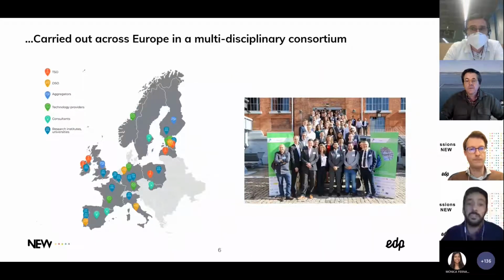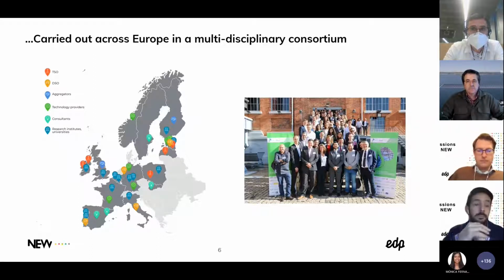This project is carried out by a very extensive group of organizations in a consortium, very wide in scope and in the type of organization we were able to assemble. So we have TSOs. By the way, the coordination is by a TSO, EirGrid from Ireland, under the technical coordination of EDF from France.